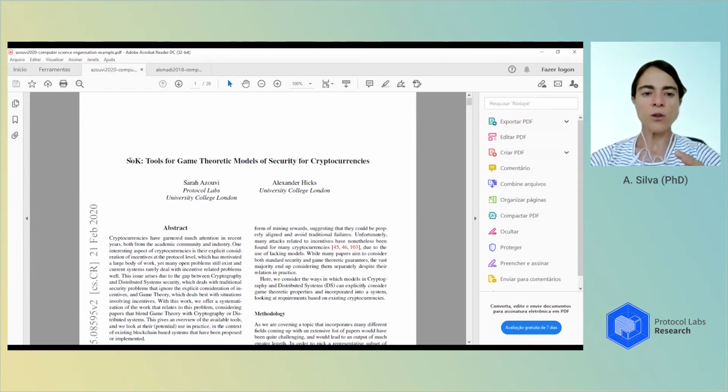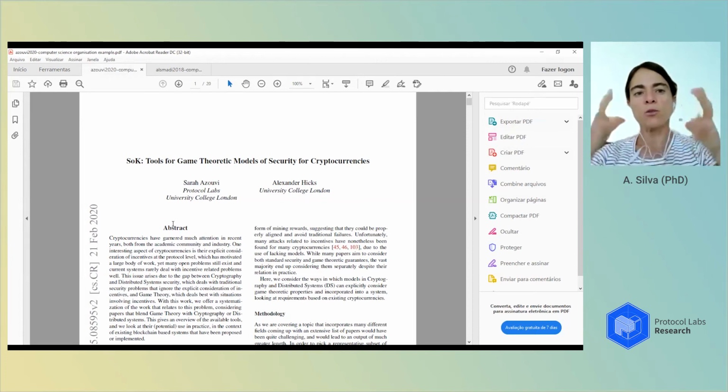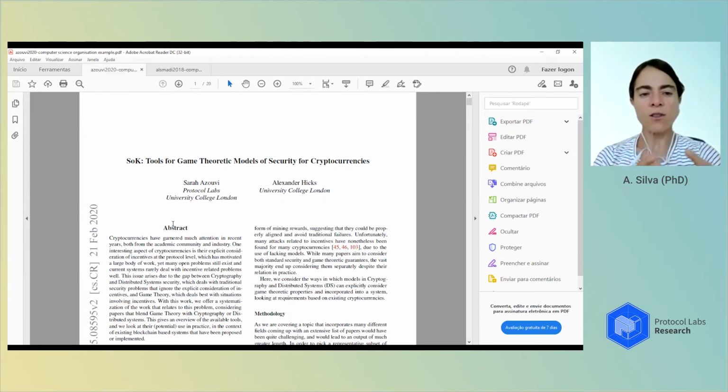Well, we are in the realm of SOC, okay? And within that realm of SOC, which could be pretty much everything of that topic, we focus on the tools for gaining theoretical models of security for cryptocurrencies. So for all of the different things you could be doing inside SOC, we decided to do this. So this first part is the topic, this second part is the focus.